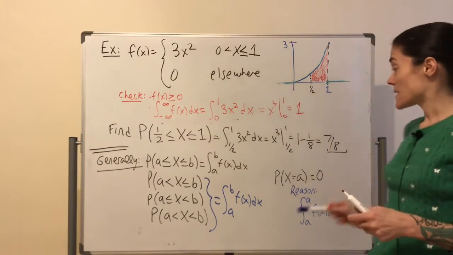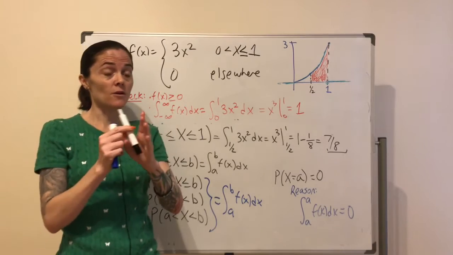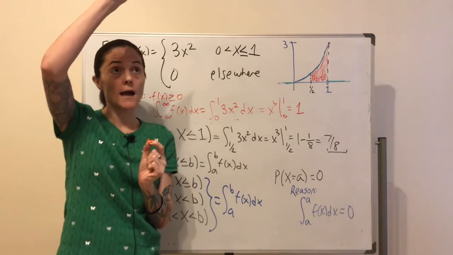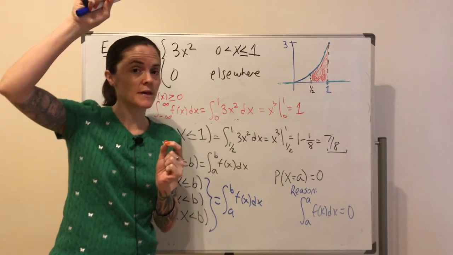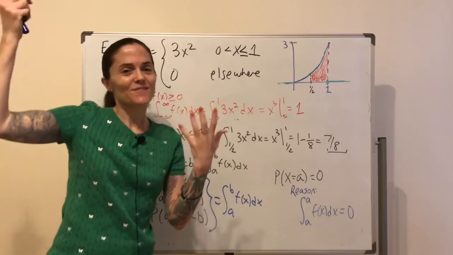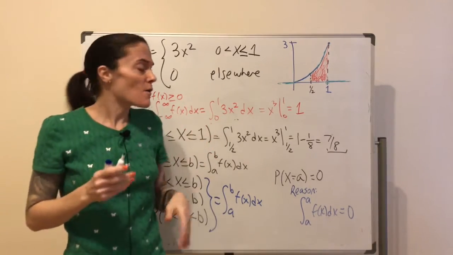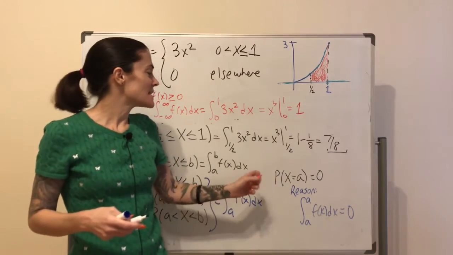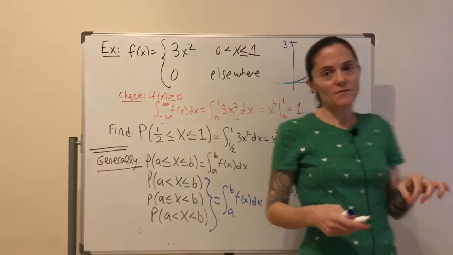You can also think about it in terms of area. You have this single value down here, a, and you can connect a line up to the function, but then you're asking for a two-dimensional area of this. If you think of length times width, the width would be 0. The two-dimensional area is 0, right? And this is something that is specific to continuous random variables.